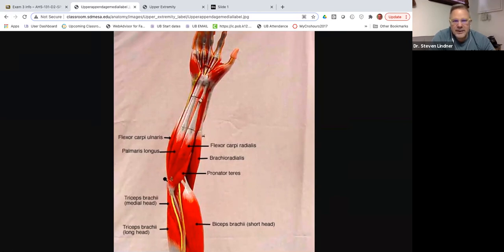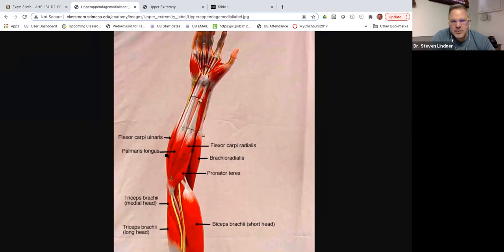The other thing I want you to look at is, osteology-wise, what bony landmark do we have that's right over here on the distal end of the humerus on the medial side? It's called the medial epicondyle.